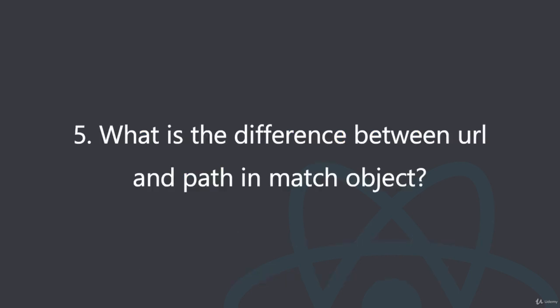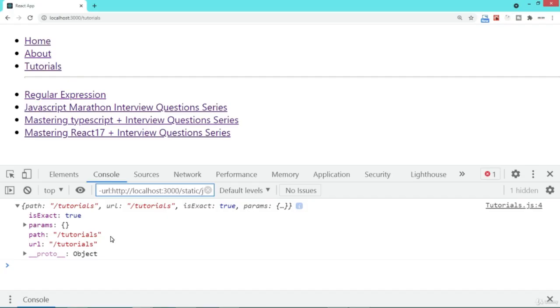And the last question is, what is the difference between URL and path in the match object? As I mentioned earlier, it displays the path, the URL, isExact, that is, whether we have the exact route match or not. Here both path and URL are showing the same value at the moment, but there is a difference.